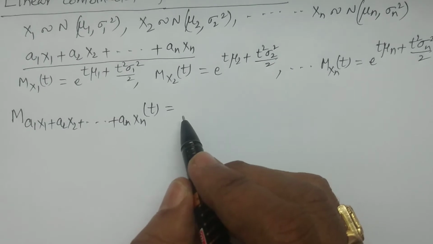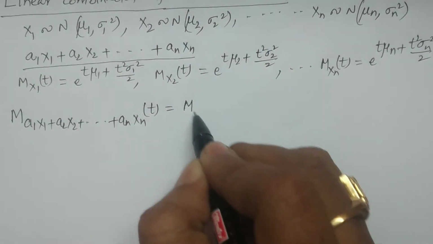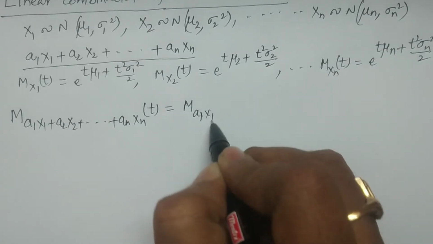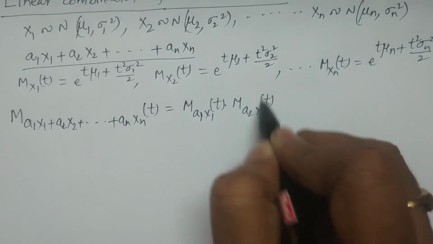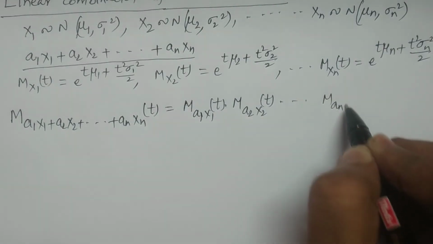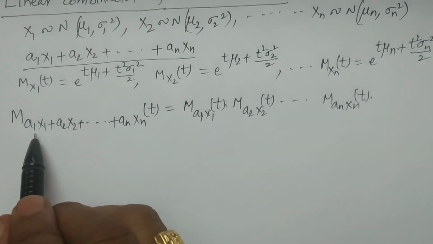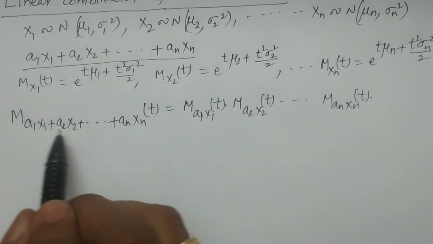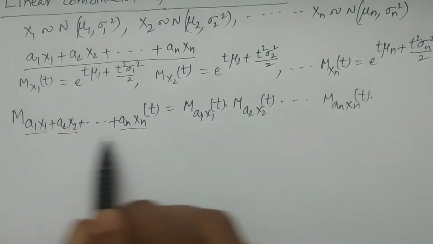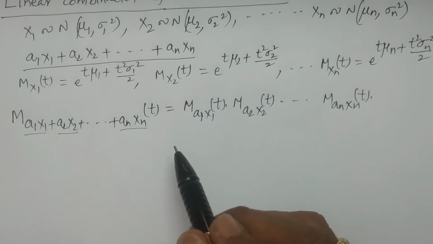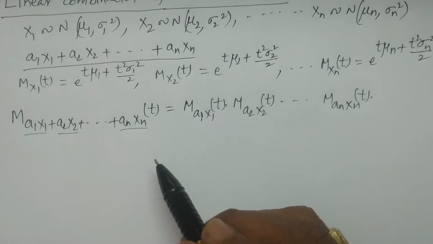By the reproductive property of the moment generating function, we can express this as the moment generating function of a1 x1 at t, multiplied by that of a2 x2 at t, multiplied by that of an xn at t. These are the moment generating functions of n independent random variables, so we can use the reproductive property of the moment generating function.